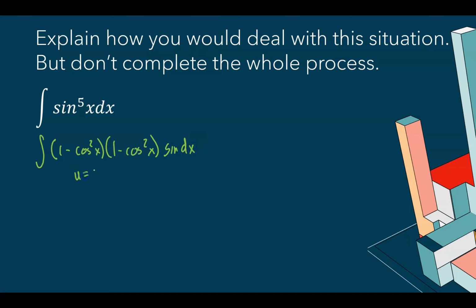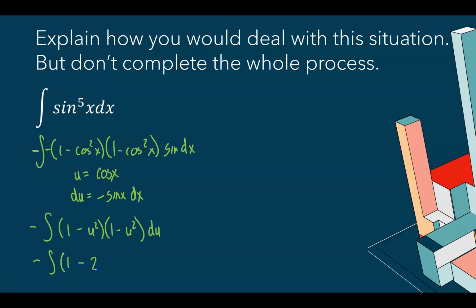And then to me, that's pretty straightforward, that cosine of x is u. Du is negative sine of x dx. We'll put in a negative, and we get the negative integral of 1 minus u squared times 1 minus u squared. The negative, the sine, and the dx become du, and we would just have to multiply everything out.